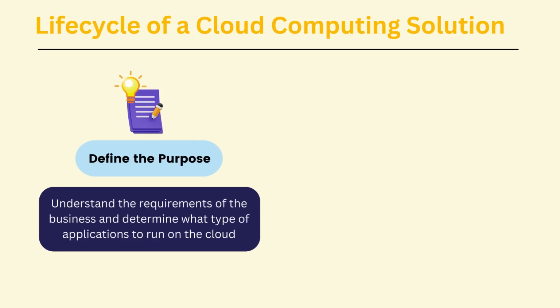The very first thing in the life cycle of a cloud solution is to get a proper understanding of the requirement. I didn't say get the requirement, but get a proper understanding of the requirement. It is very vital, because only then will we be able to pick the right service offered by the provider.